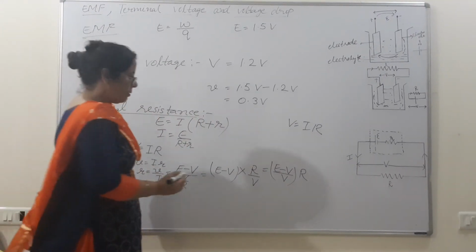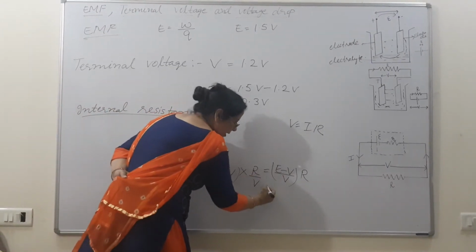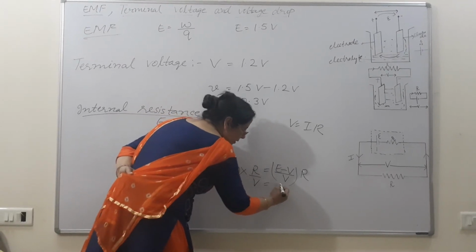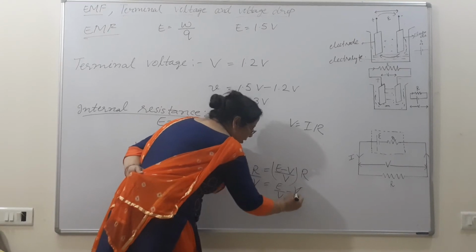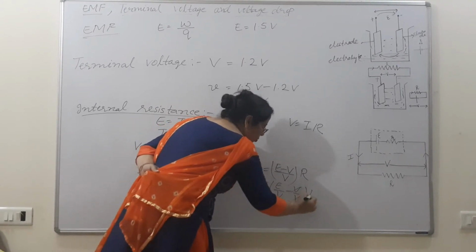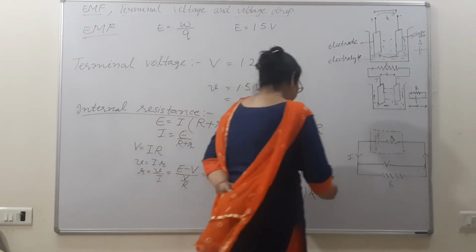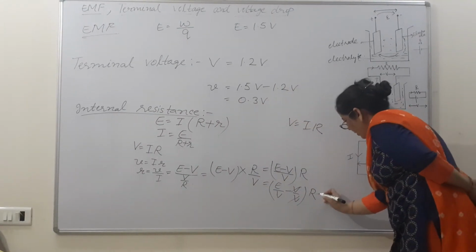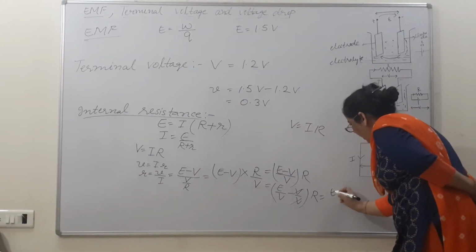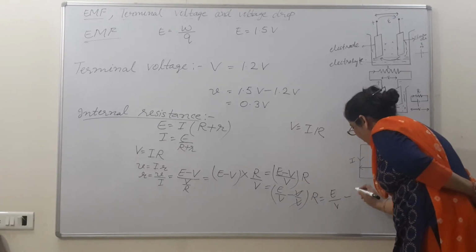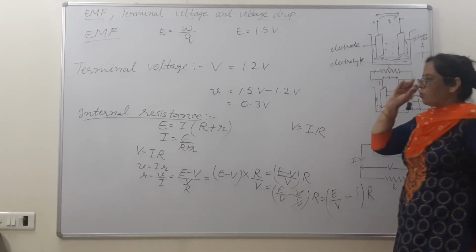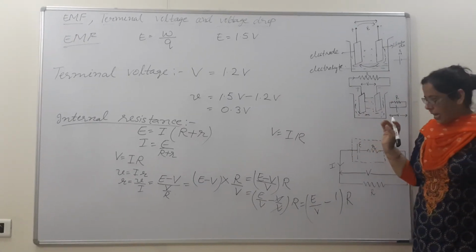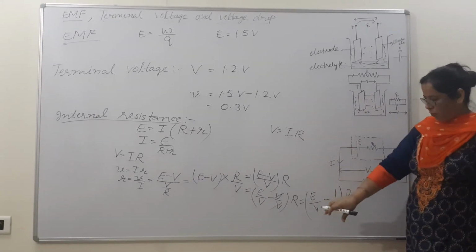Then after that, because the minus sign is there, separate the terms: it will be E by V minus V by V, into R. Or you can say it will be equal to E by V minus 1 multiplied by R. According to the statement, whatever they are asking, you have to use the formulas.